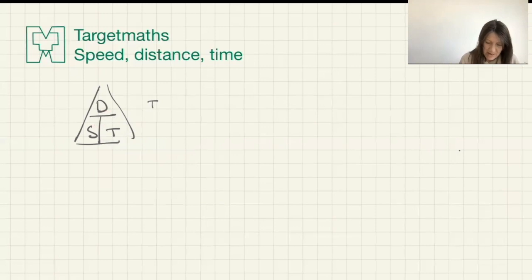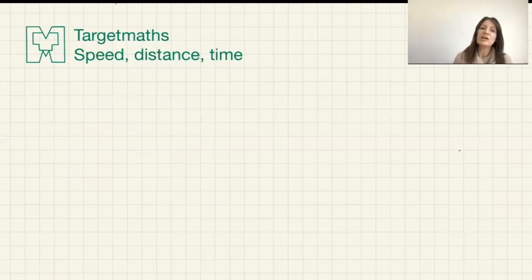If they were asking you for distance, then you would be doing speed times time, because these are sort of squashed together, aren't they? Okay, you will have an opportunity to practice that. What we're going to do is quickly look at the distance time graphs, make sure that they're okay as well, and then you're good to go.